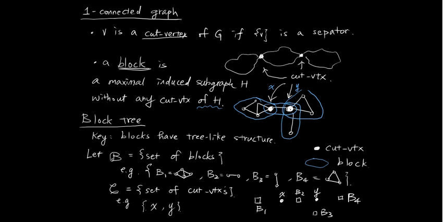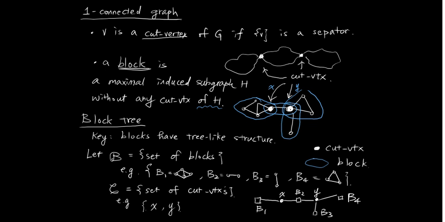So it's natural that X is incident to B1 and B2. You draw an edge from B1 to X and from B2 to X, and you see Y touches B2, B3, and B4. So Y is incident to B2, B3, B4.